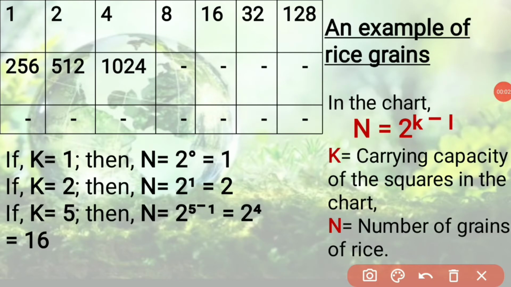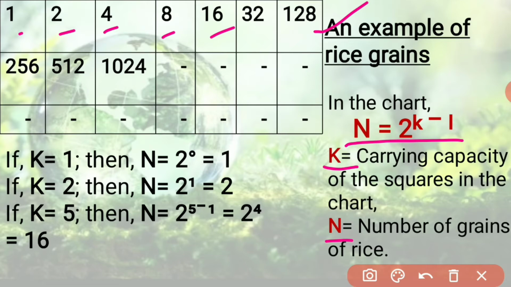Suppose this is an example of grains of rice growing in this chart exponentially from 1 to 2 to 4 to 8 to 16 and so on. From this chart I can say N is equal to 2 to the power k minus 1, where k is the number of the square on the board or chart, that means the carrying capacity of this chart, and N is the number of grains of rice.